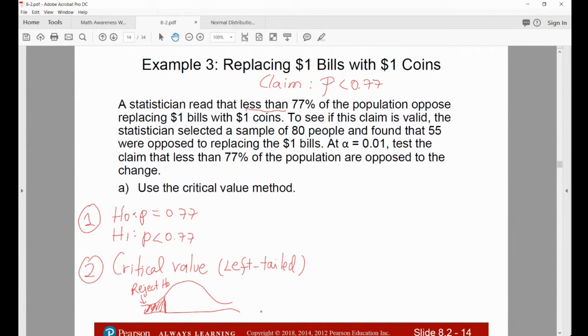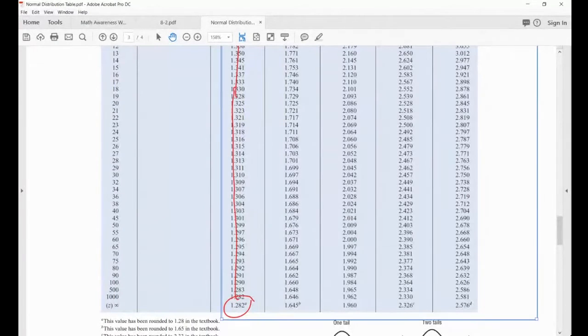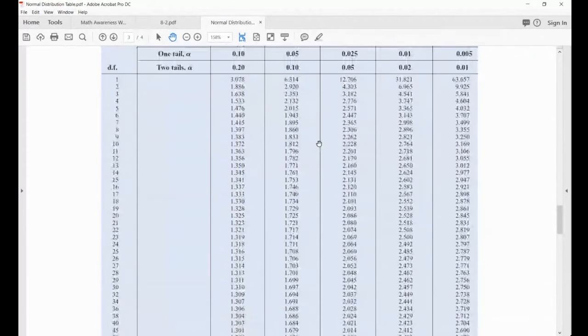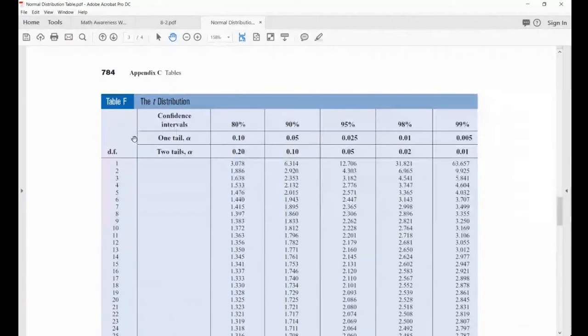So what's the value of alpha that we're going to use? In table F, 0.01. So where do we find 0.01?